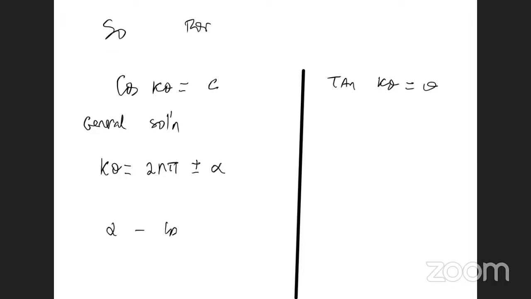Alpha is cosine inverse C. And again, if you want, you can divide everything by k: 2n pi plus and minus alpha. You can divide everything by k if you want.